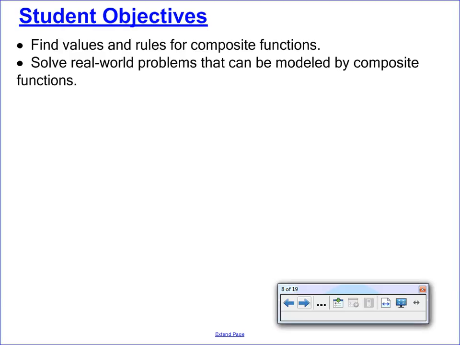We'll still be plugging in inputs, it's just that we'll have to find an intermediate value that will then be plugged into another function before I can get my final result. And so basically, it's function evaluations with subsequent evaluations. We have to do more than one evaluation when we find a value for composite functions. We're going to solve real-world problems that can be modeled by composite functions as well.